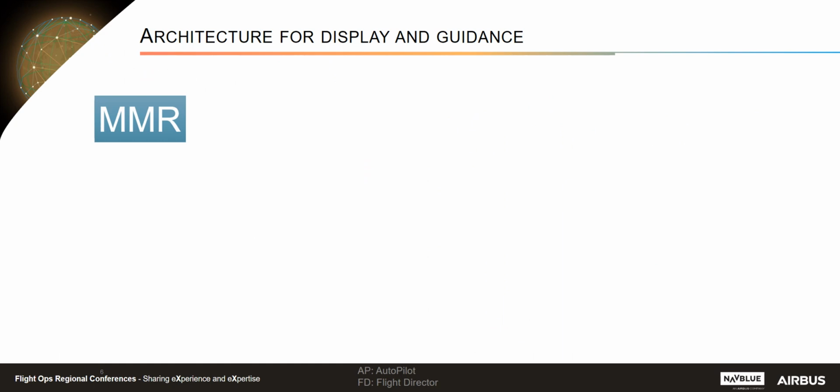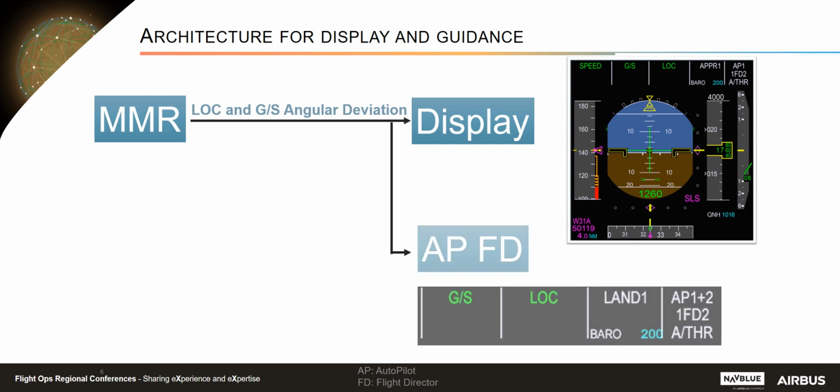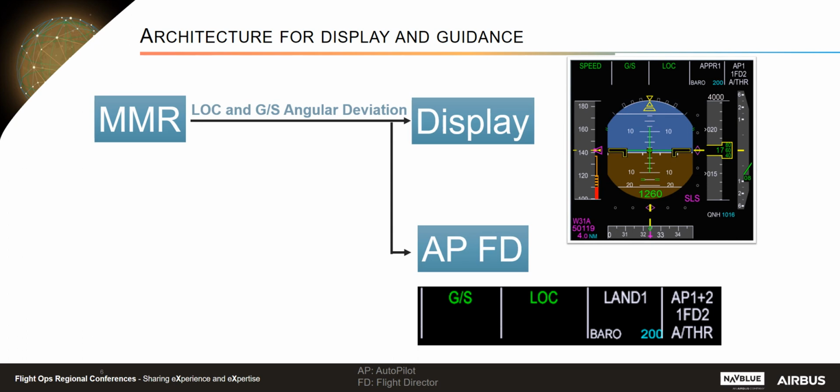The similar localizer and glide slope deviations are transmitted to the display and the autopilot like in ILS. So, same PFD display and same scale, same autopilot behavior and guidance flow, and also same auto-land capability when applicable.